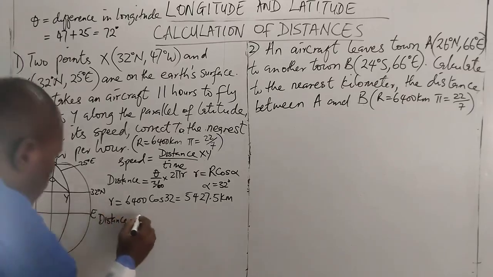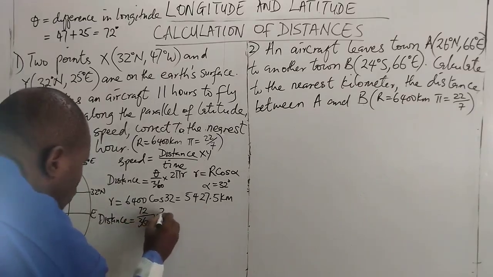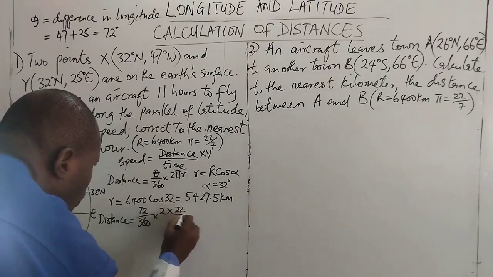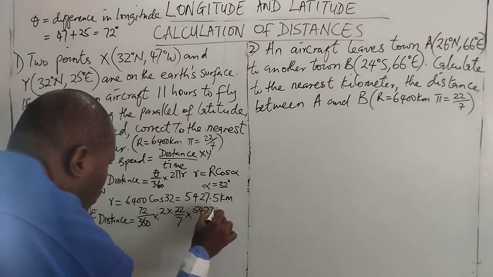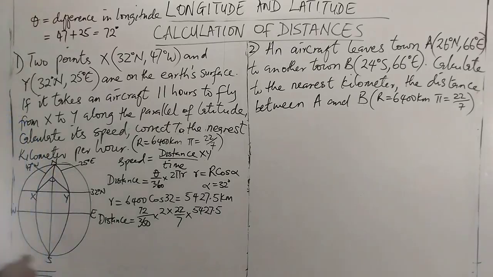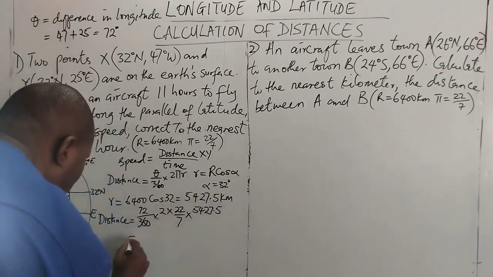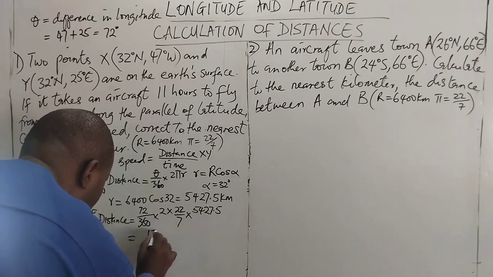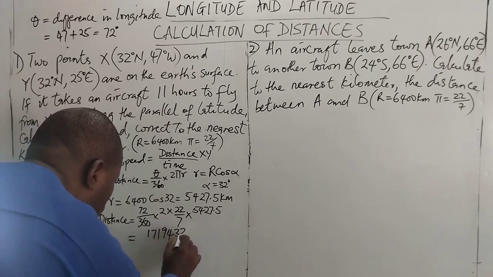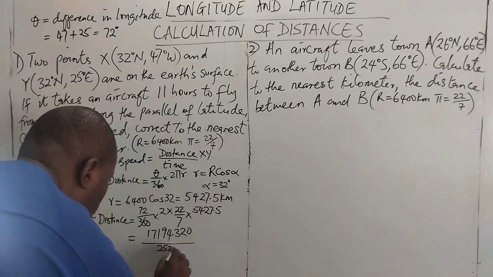So it's going to be 72 over 360 times 2 times 22 over 7 times 5427.5. If you multiply all of that, you will get 17194,320 all over 2520.